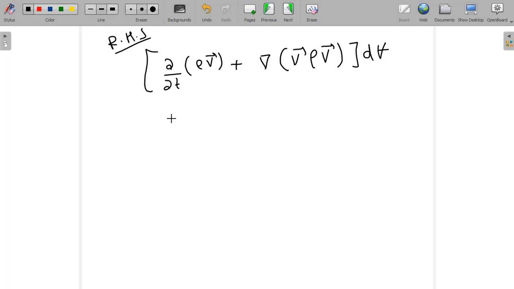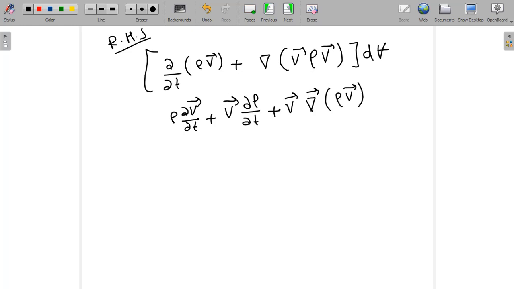If you simplify using the product rule, this quantity will be rho into del v/del t, plus v into del rho/del t, plus v into divergence of rho v, plus rho v into divergence of v, and the whole thing multiplied by dV.